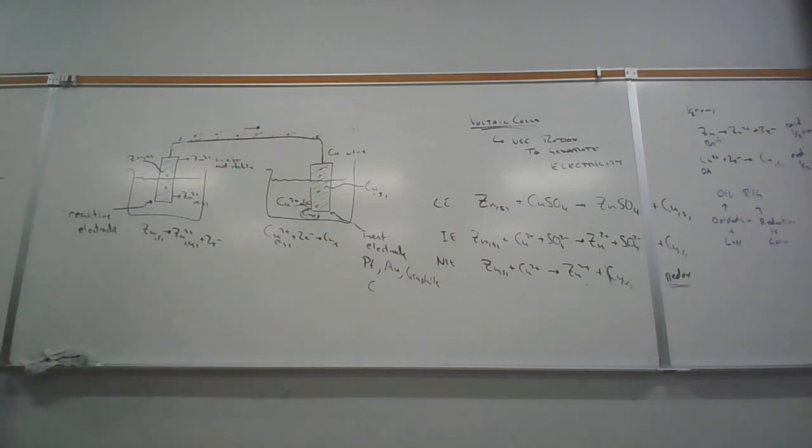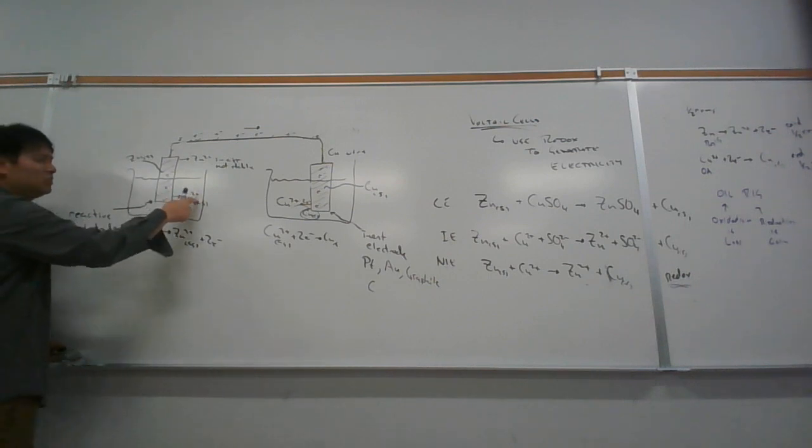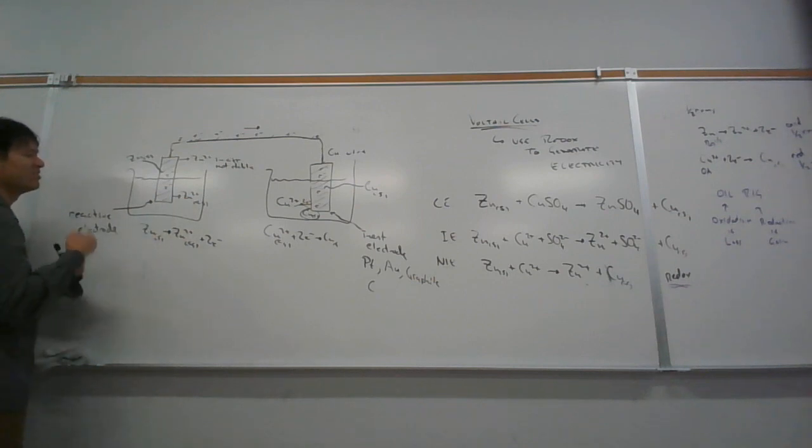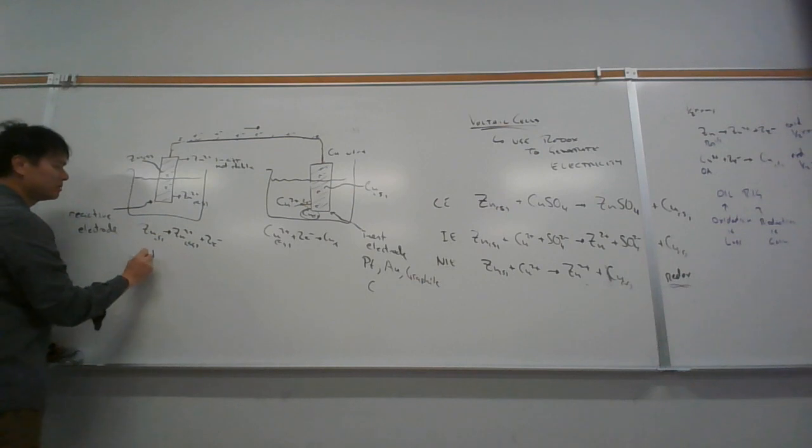But there's a problem. Hydrated ions, yes, hydrated ions are more stable. But the problem is water is just delta minus. So it doesn't completely neutralize the charge here. And so what we have here is a buildup of positive charge in this beaker.